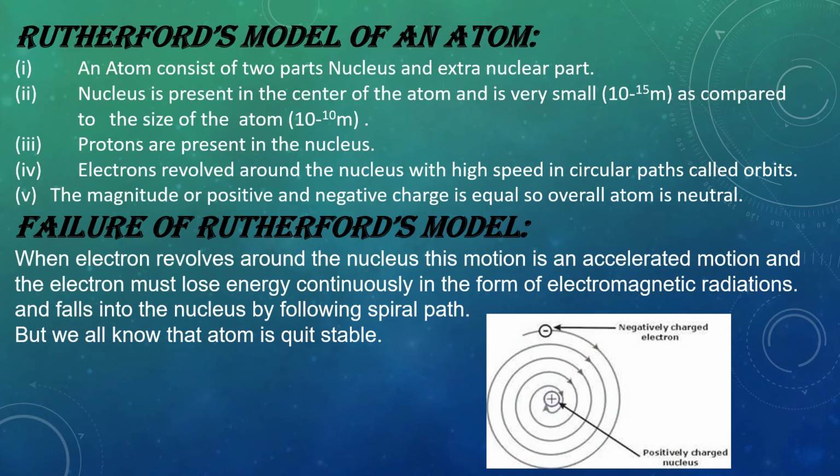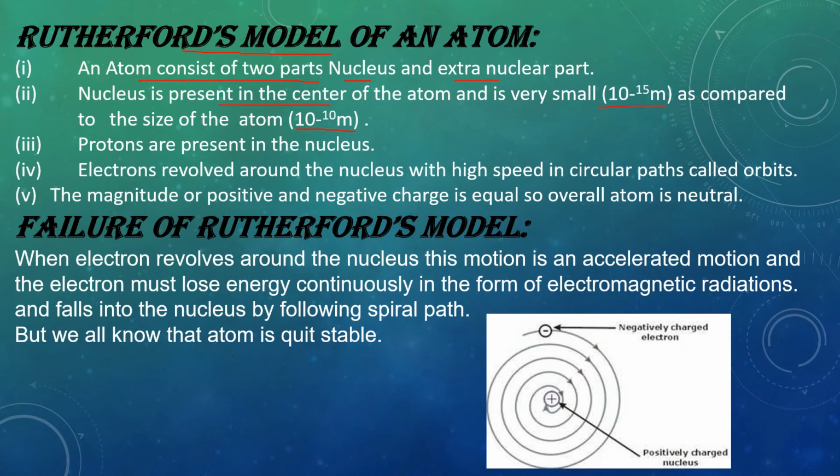Now Rutherford's model of the atom. By his observation and conclusion, he put forward a model of the atom, and the main points of this model are: an atom consists of two parts, nucleus and extranuclear part. The nucleus is present in the center of the atom and is very small, having radius 10 to the power minus 15 meter as compared to the size of the atom, 10 to the power minus 10 meter.